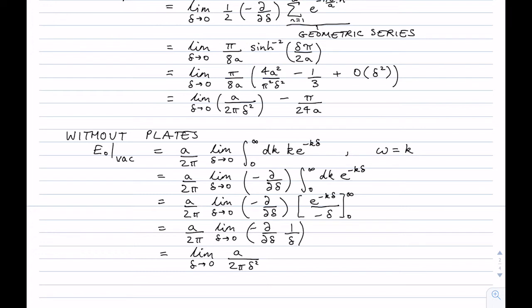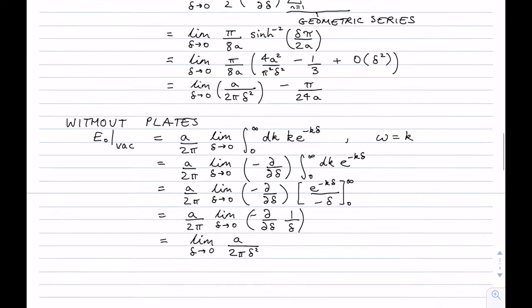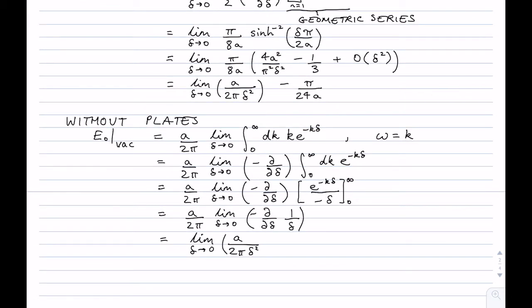So the good news is that this looks exactly like the first term from the case that has the plates.